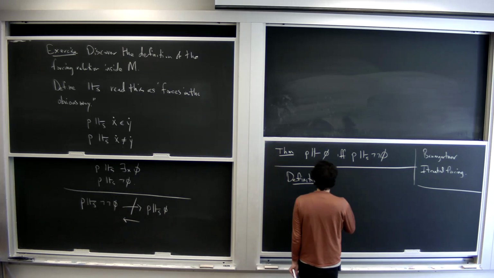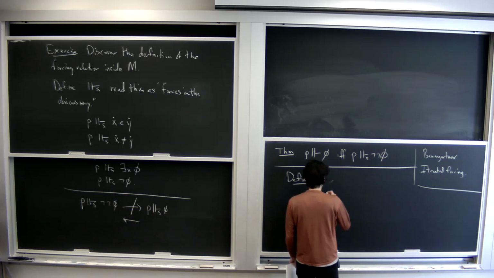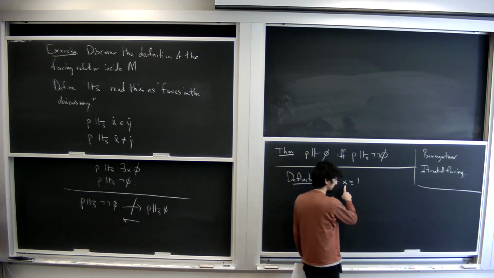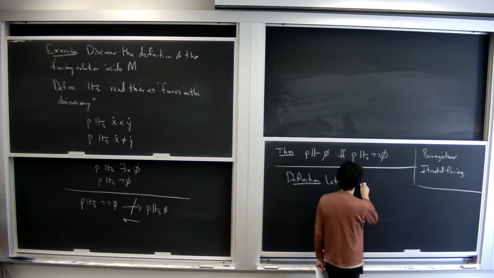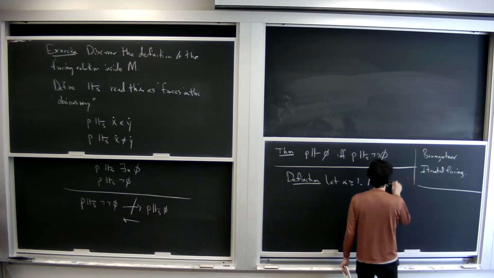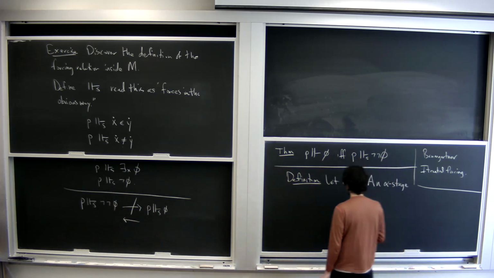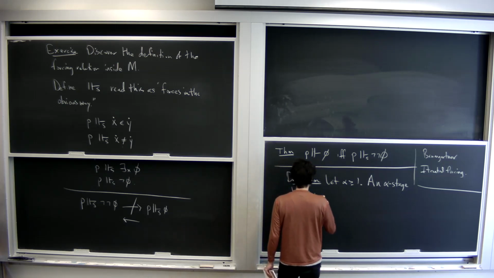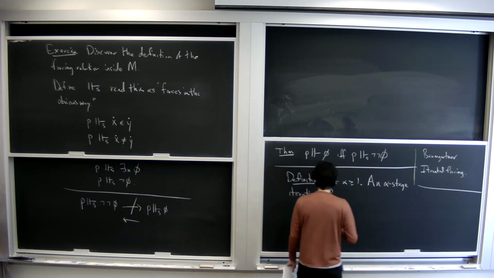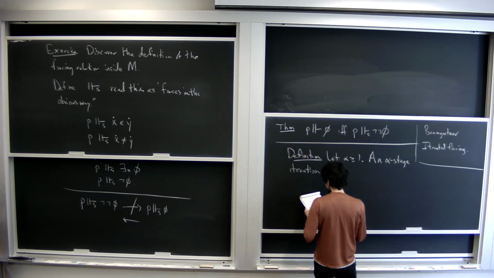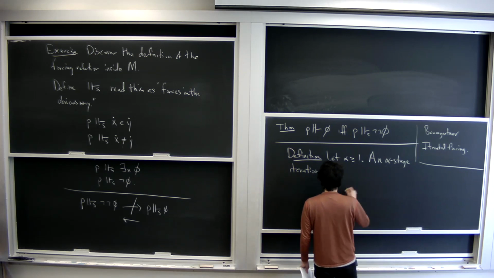Okay, so we're going to define, take an ordinal, and we're going to define an alpha stage iteration.